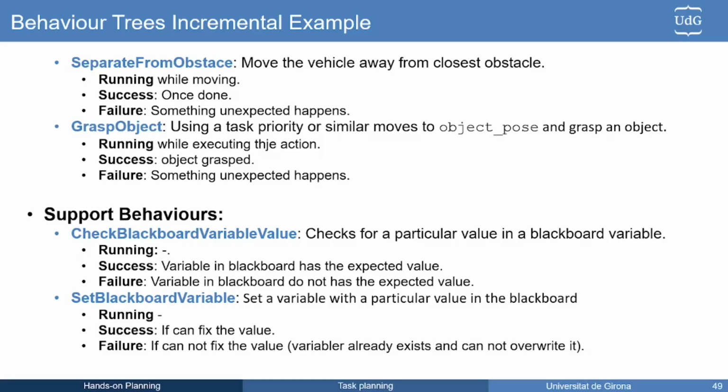One is separate from obstacle. Probably you have already experienced that when you try to plan, if for any reason the old plan that you executed led the robot very, very close to an object, it may happen that when you try to plan from this position to another position, it always fails, it always fails, it always fails.